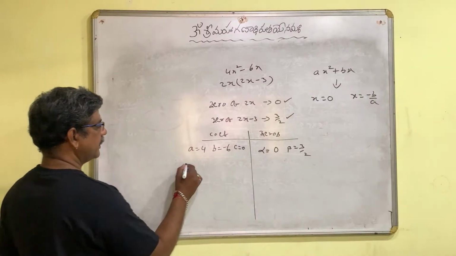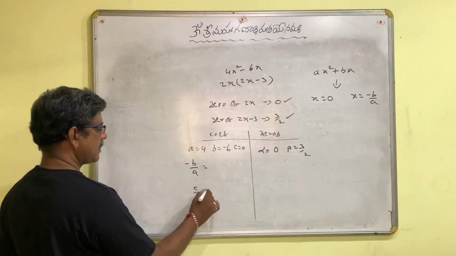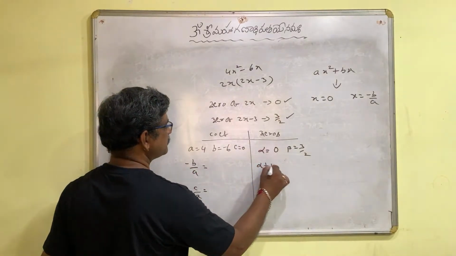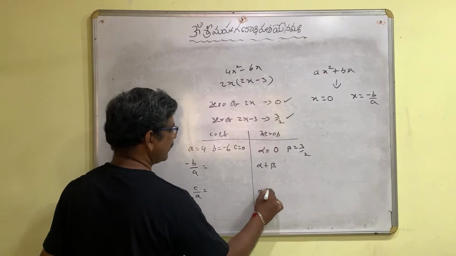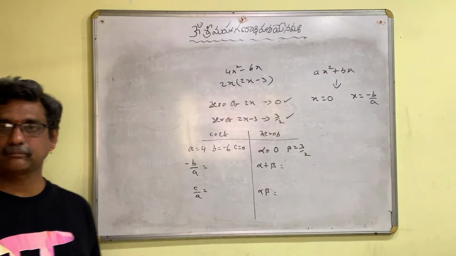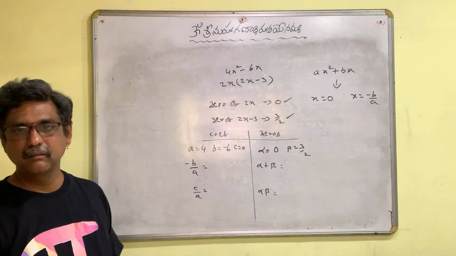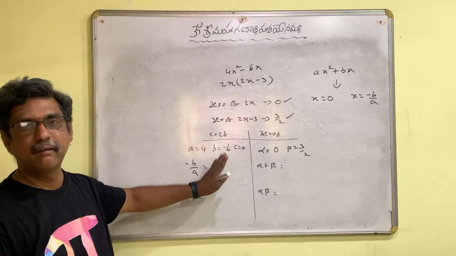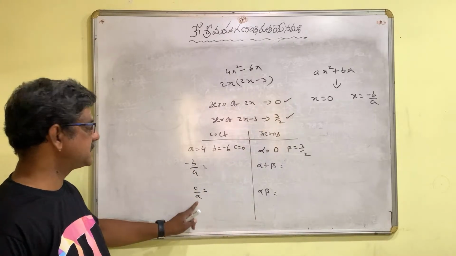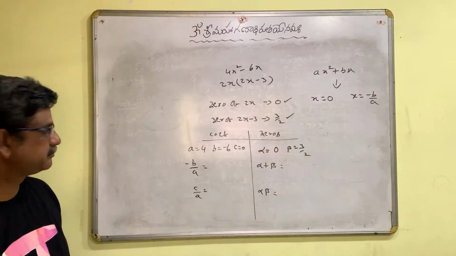Now find minus b by a, c by a, and on the zeros side alpha plus beta, alpha beta.